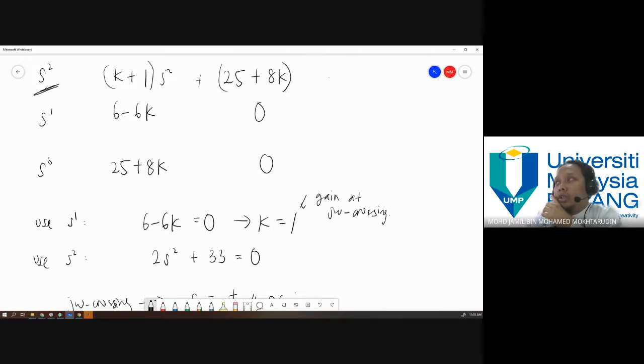So just generate the polynomial here. Always use row s1 to find K and use row s2 to find the value of s.